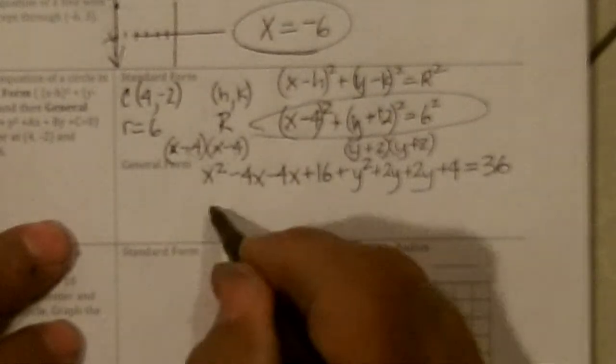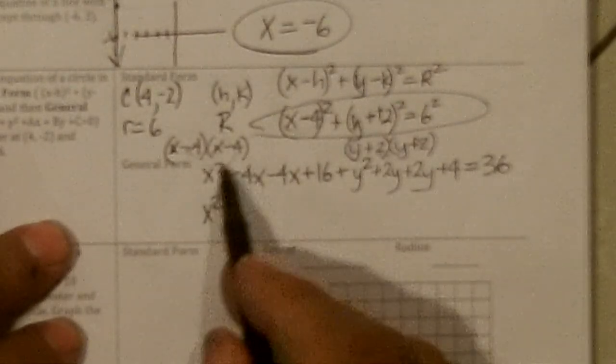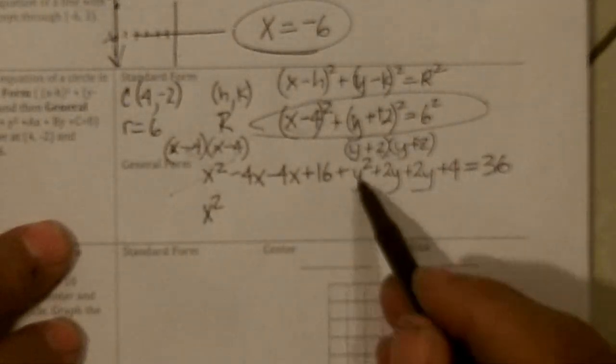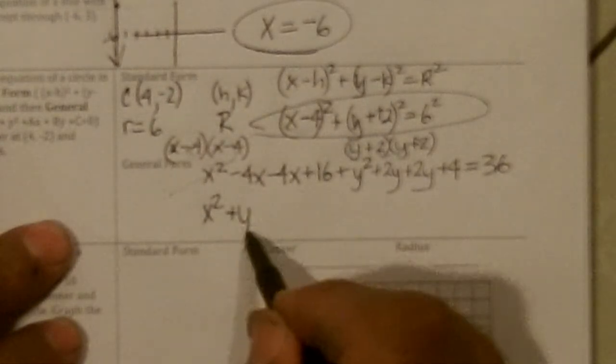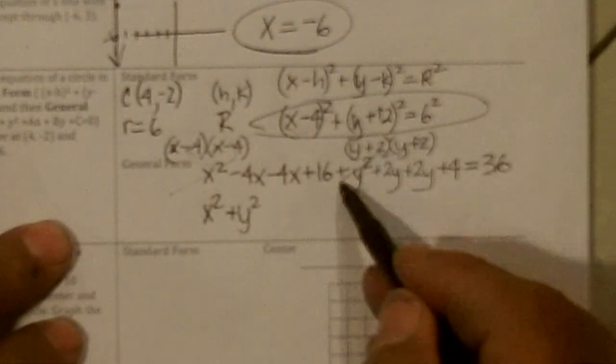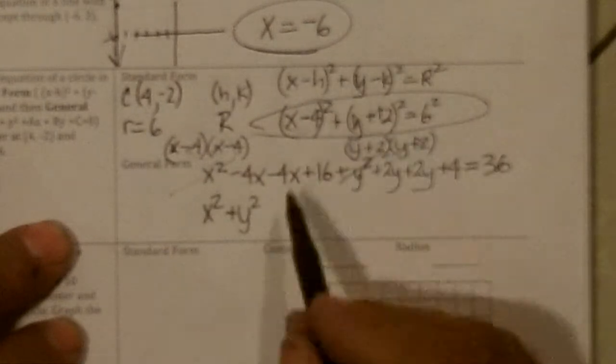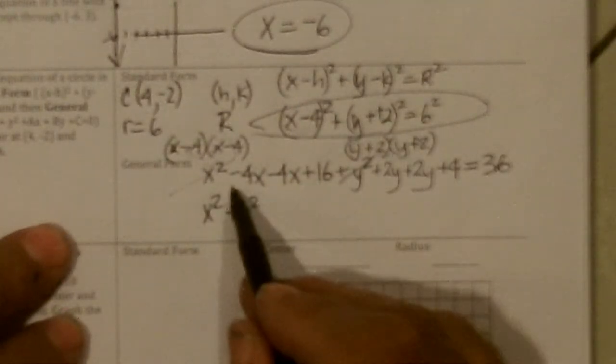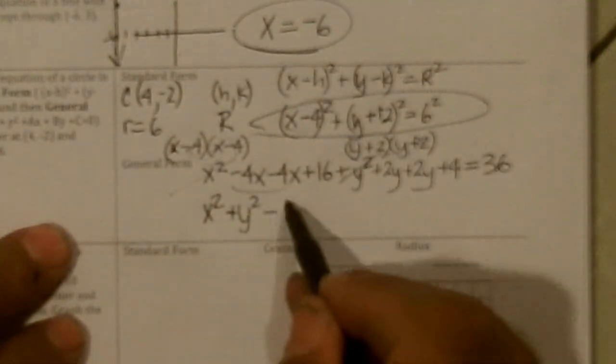Now to get it in general form, it's supposed to be equal to 0, starting with x squared and y squared. So I have x squared, y squared, then the x's: minus 4 and minus 4 is minus 8x.